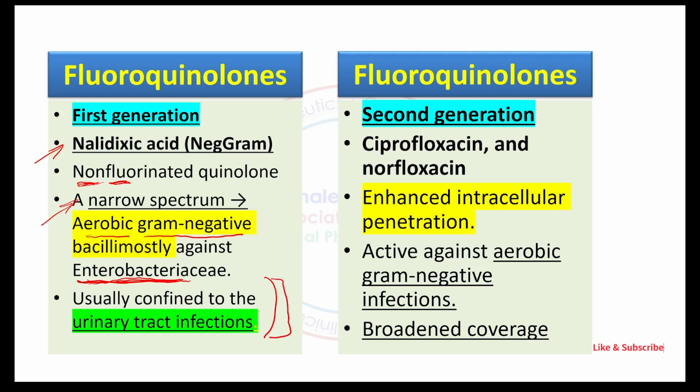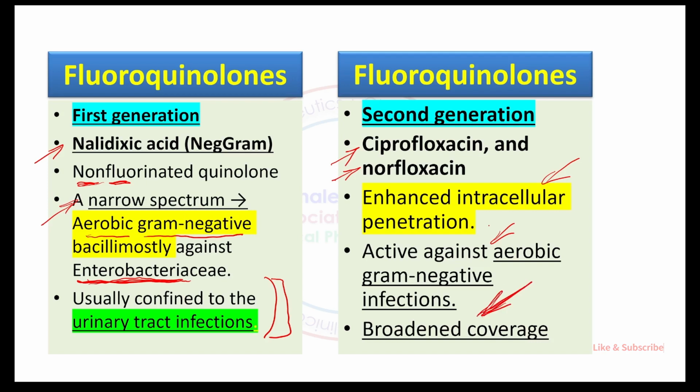So again, moving to the second generation, we have two medications here. We have ciprofloxacin and norfloxacin. What are the differences between first and second? They said this type of medication, cipro and norfloxacin, has enhanced intracellular penetration, becomes more active against the aerobic gram-negative bacteria, and has broadened coverage of disease or infection.